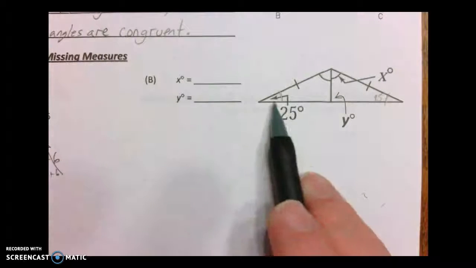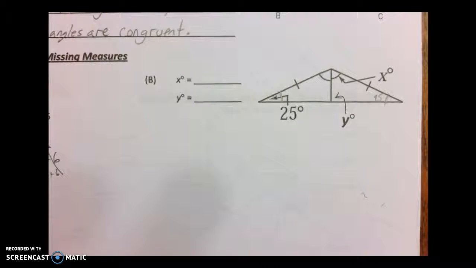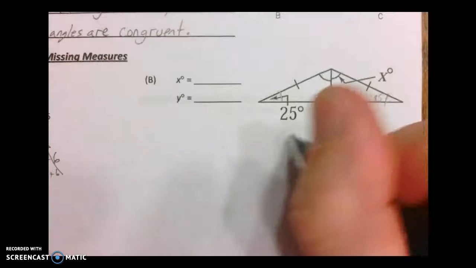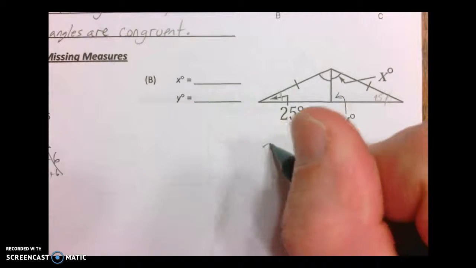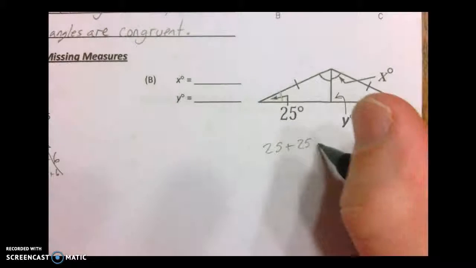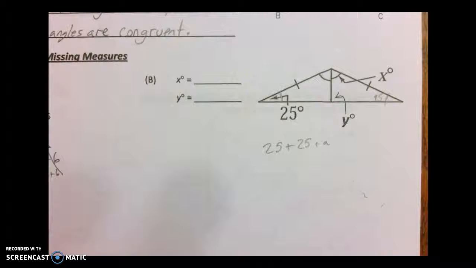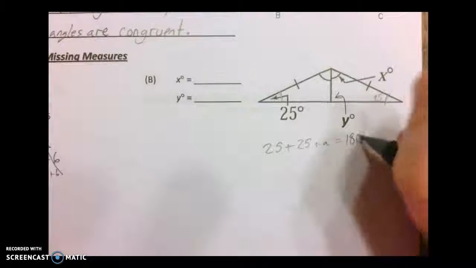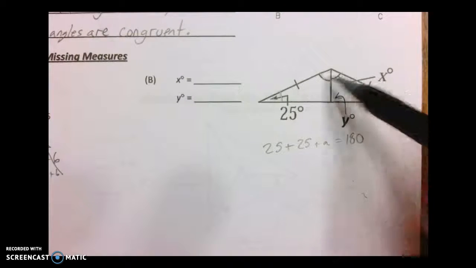But what I can do is, because this is 25 and this is 25, those two added plus this one should add up to 180 because it's a triangle. So I'm going to do 25 plus 25 plus, I'm just going to call it A. And we're going to set that equal to 180, and the A will be this whole angle across the top.